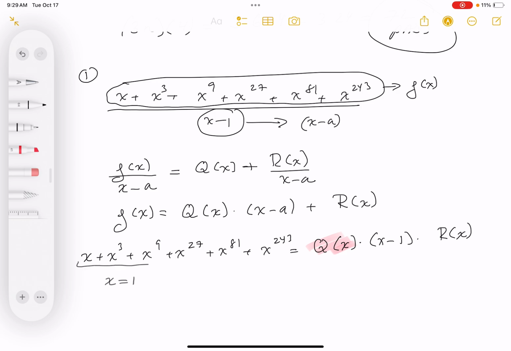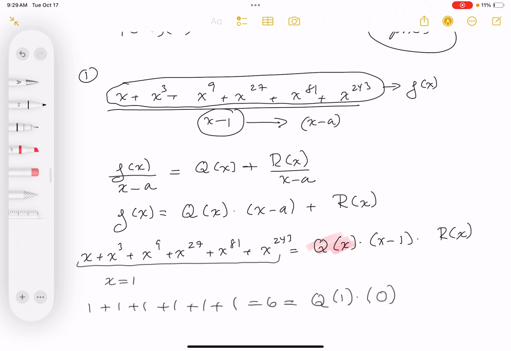If I did that, I've got to plug it in here. I hope that's not too difficult for you. It's 1 plus 1 plus 1 plus 1 plus 1 plus 1. How many ones do we get? 1, 2, 3, 4, 5, 6. That equals 6. That equals q. I still don't know what q is, it's q at 1, though. Oh, look at this, 1 minus 1 is 0.